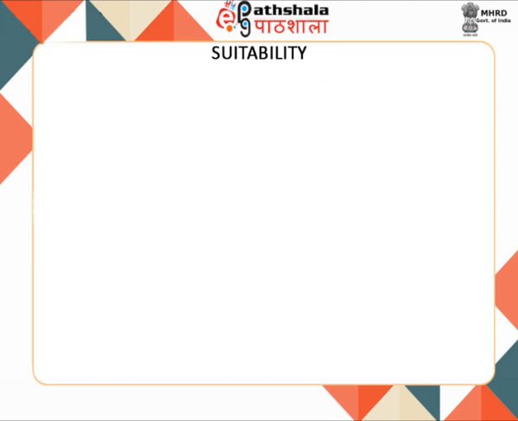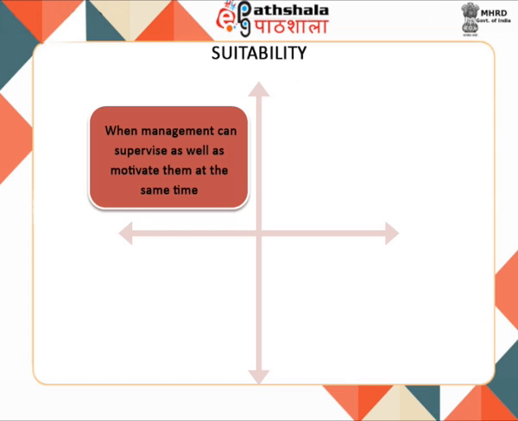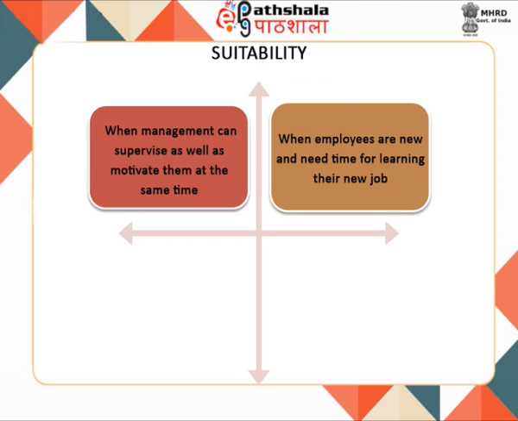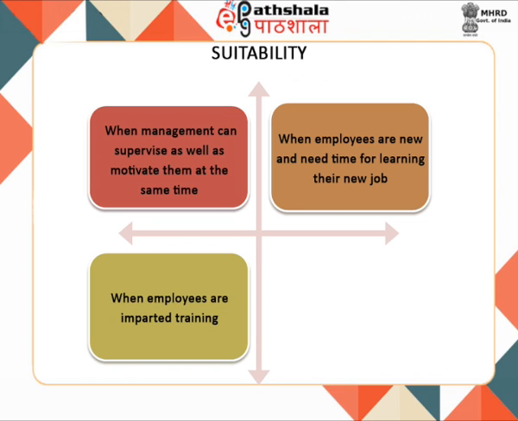This method is suitable under various circumstances such as: A. It is suitable when management can supervise as well as motivate them at the same time. B. When employees are new and need time for learning their new job. C. This method can be used in the training period of the employees.